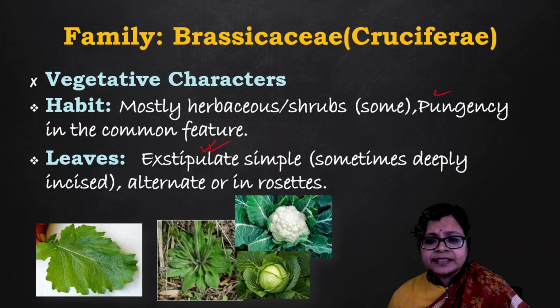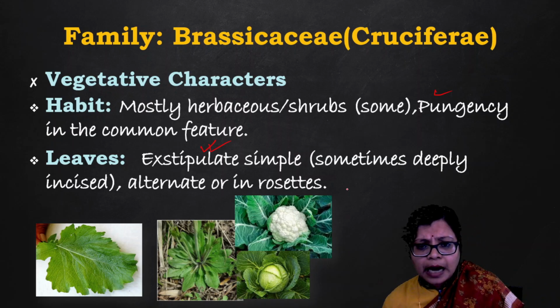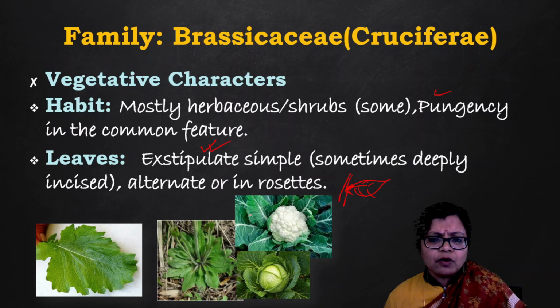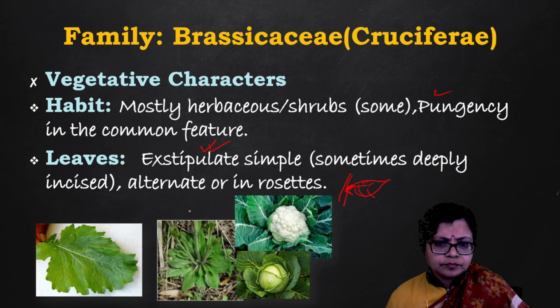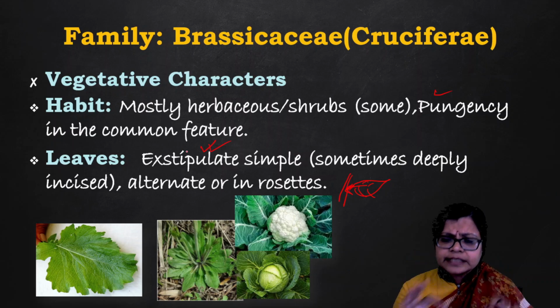What do we understand by stipules? Stipules are the small outgrowths which develop on both sides at the base of the leaf stalk. That is called stipules. So, in this member, the stipules are not present.